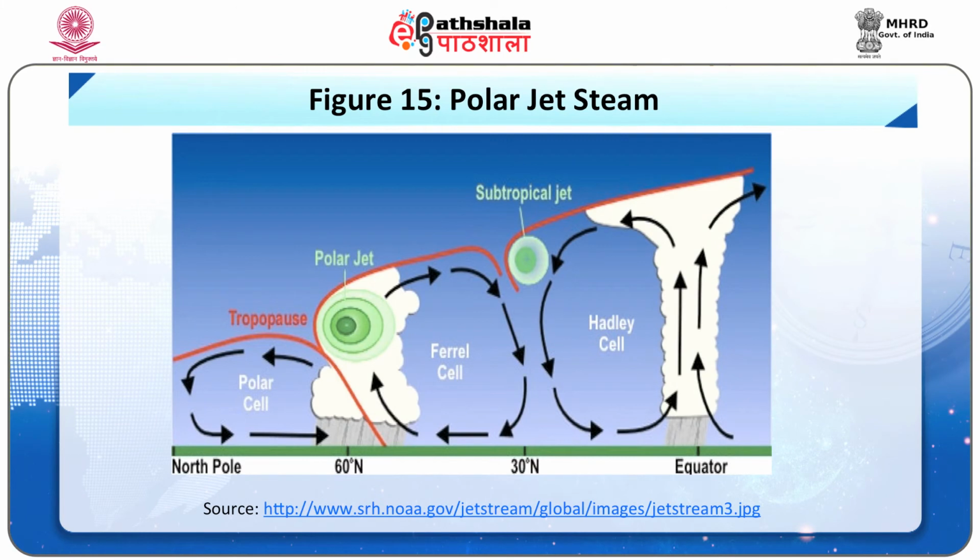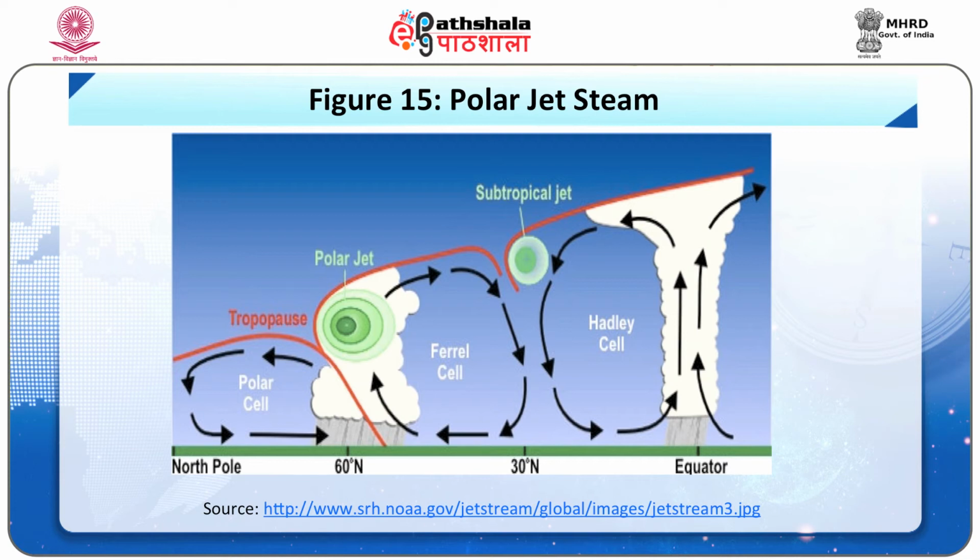First, the polar jet stream. It is also known as the polar front jet stream because it is associated with the polar front. Polar fronts are linear zones which occur due to a large thermal gradient created by the convergence of the contrasting cold air mass of polar areas and the warm or mild air mass of tropical areas.